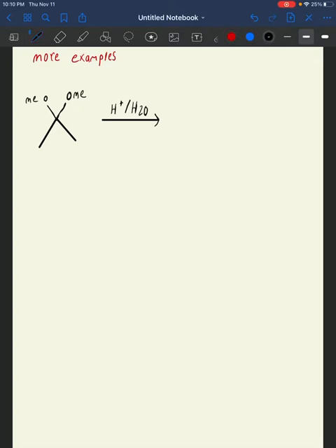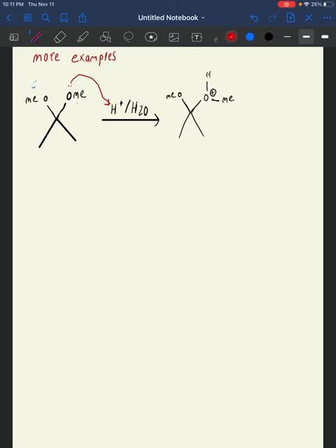So once again, we see that H+, and I'm just going to actually draw it this way. It comes in and grabs it. You can choose either one. You could choose this one if you want, or you could choose this one. I just prefer to choose that one. That's going to give us this intermediate right here. This oxygen does have a positive charge on it. Do note that.